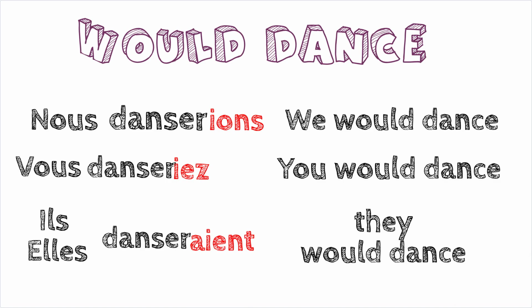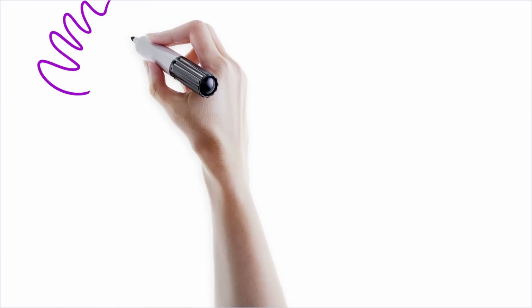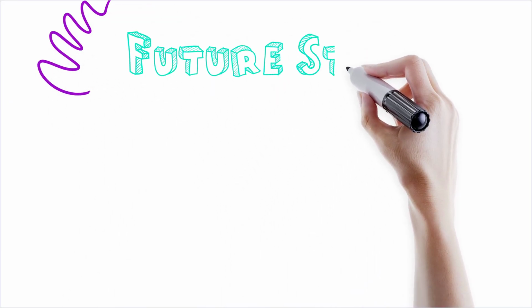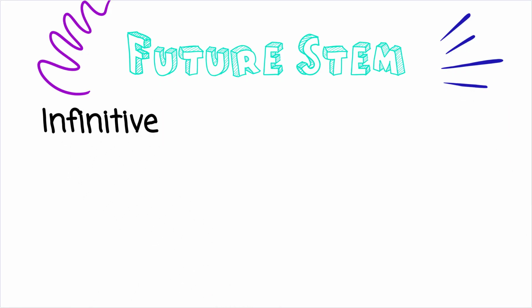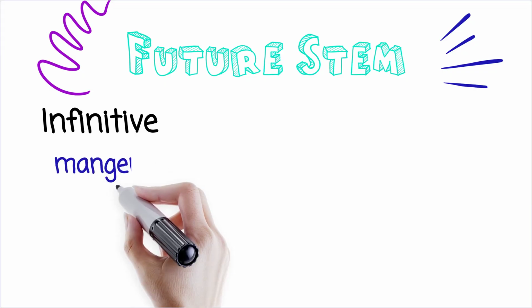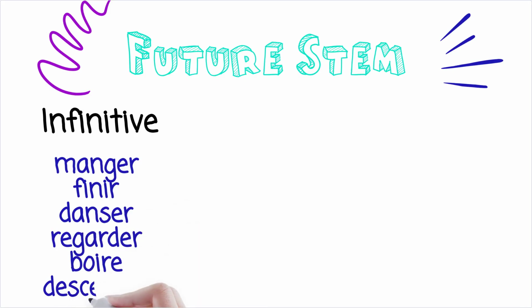So just like when we conjugate any verb in the third person with the ENT on the end, we don't hear it. For the conditional tense, we need to add our endings, our would endings, onto the future stem. Normally, this is the infinitive of the verb. So here are some infinitives that we can look at as examples. Manger, finir, danser, regarder, boire, descendre.